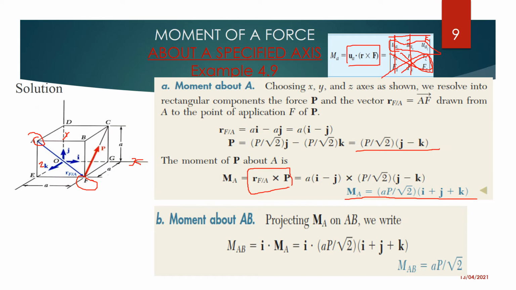Since we already have the moment that we just calculated, which is MA, it is just as good as doing a dot product: the unit vector along AB dot the moment about A. If you want to do it the other way, you can still start from scratch by using the unit vector along AB dot the r cross F. At the end, you will find that is the correct answer.